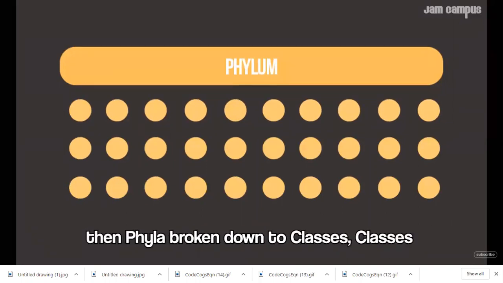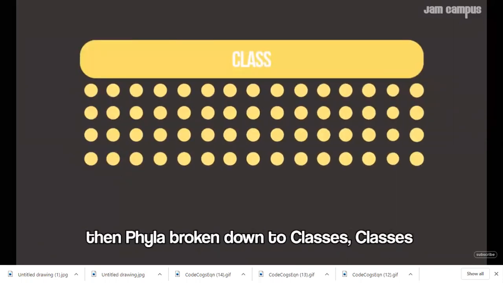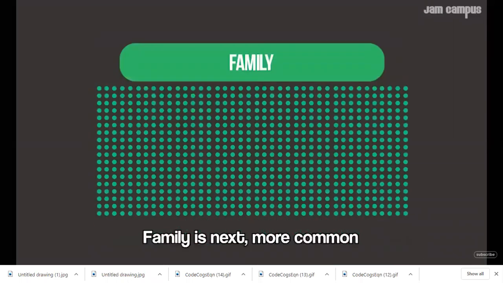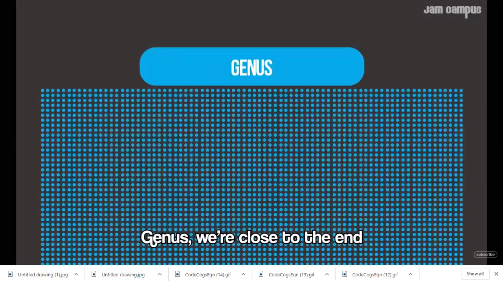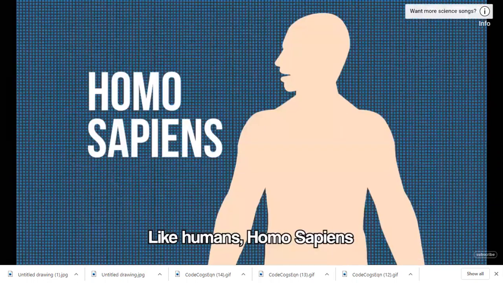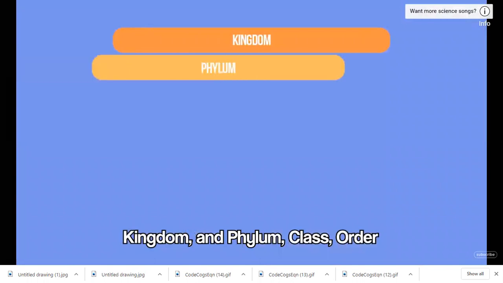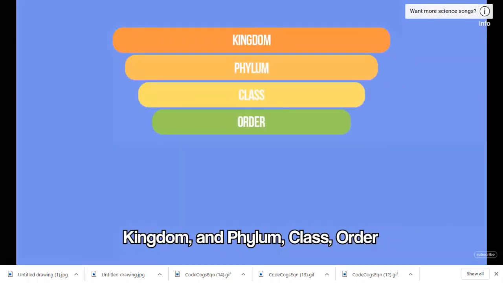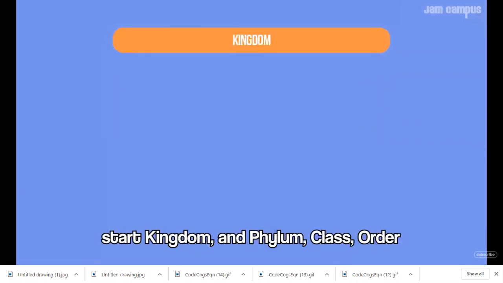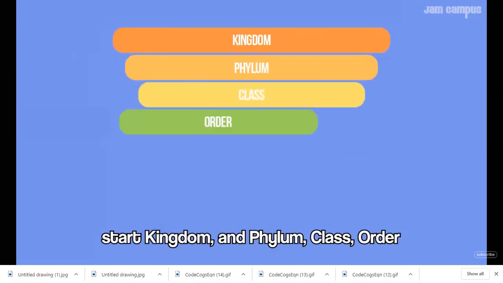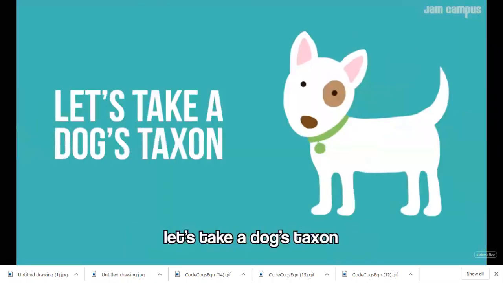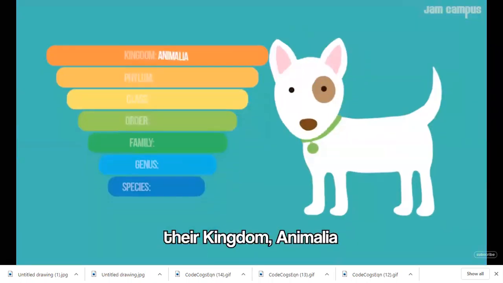Then phyla broken down to classes, then orders, even smaller branches, then families next, more common, genus way close to the end, specific, our species, humans almost sapiens, and phylum, class, order, then the genus and the species, kingdom, in phylum, class, order, then the genus and the species. Now let's take a look at the kingdom in a million.